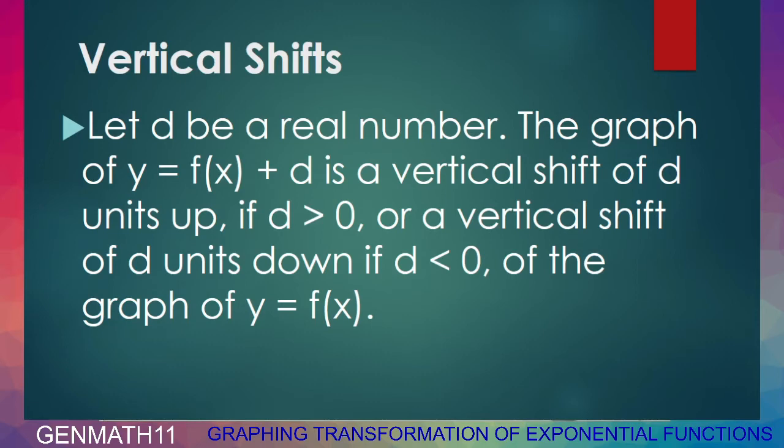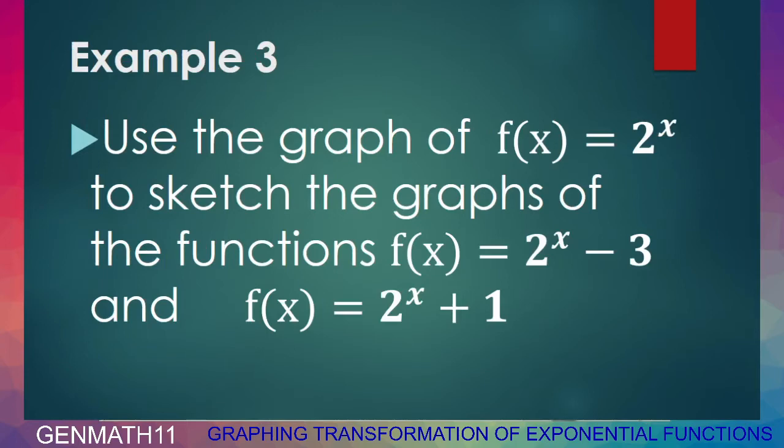Kapag naman mas mababa sa 0, yung graph natin is pababa. Nakadepende sa given. Sa case natin, dito sa 2 to the x power minus 3, bababa natin ng 3 units pababa yung graph natin, while dito sa plus 1, tataas lang natin ng isang unit.